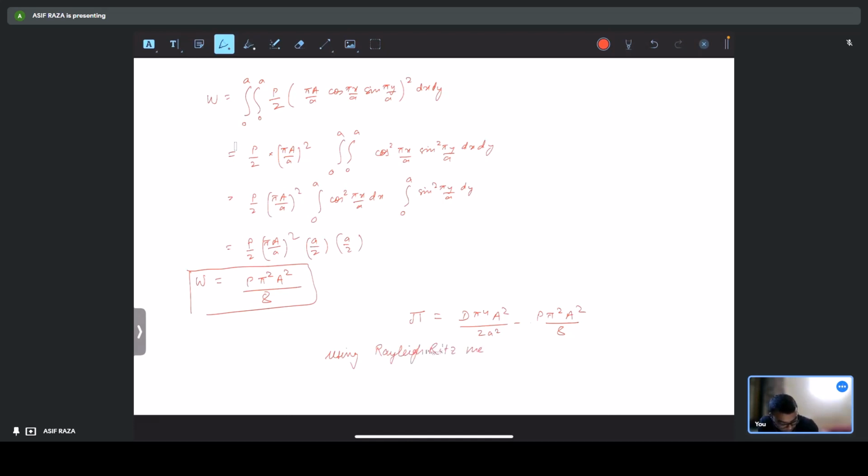Using Rayleigh-Ritz method, I can take ∂Π/∂A equal to 0. So this will become 2, to cancel out.